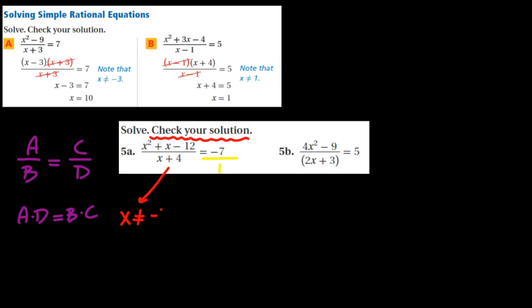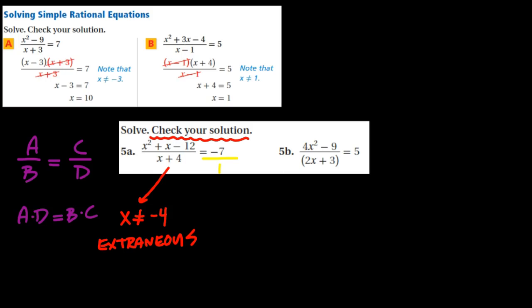It cannot equal -4, yeah. So if it equals -4 and you solve it and you get -4 for your answer, you know what that means? It's actually not a solution. It's technically, they call it an extraneous solution. Extraneous, bogus, trickin', whatever. So it's not really a solution.